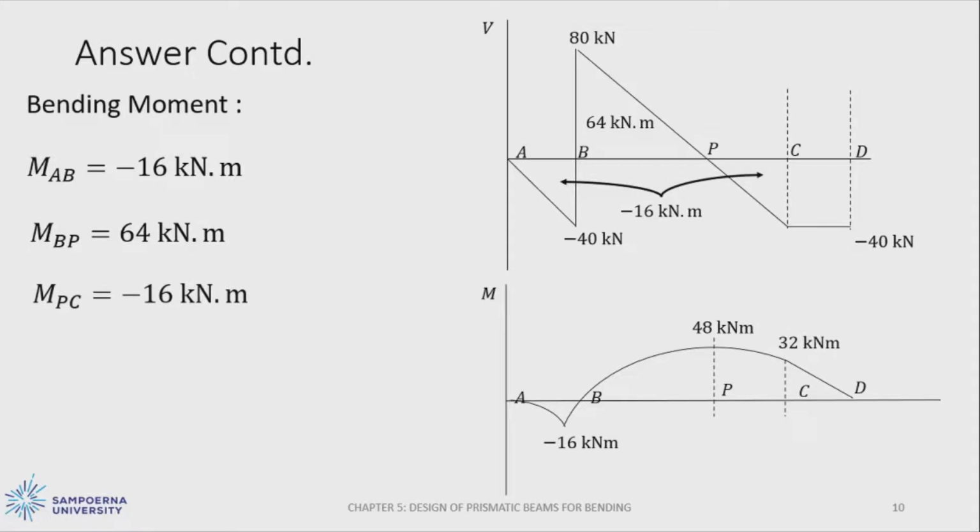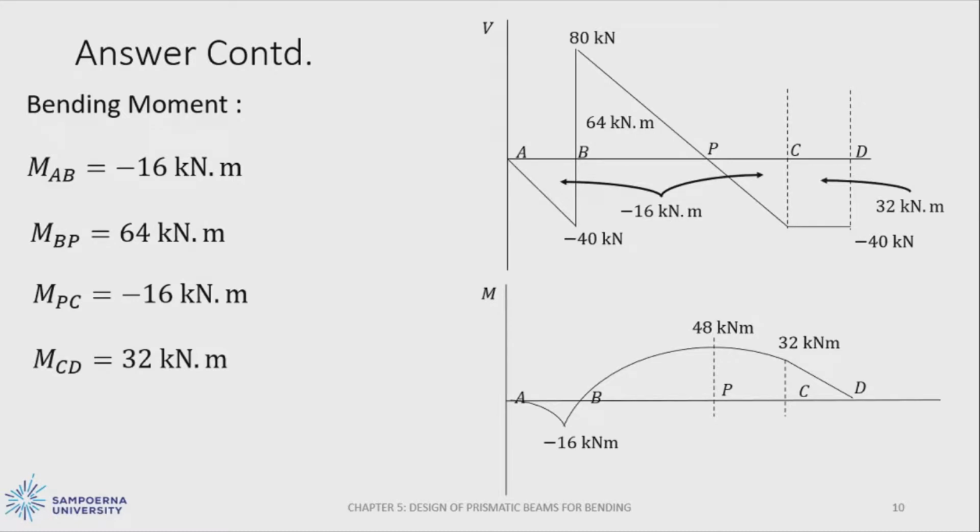Then we go to the next partition. From P to C, we have minus 16 kilonewton meter as well. So by adding up from the previous result, it will give us 32 kilonewton meter. Then from C to D is equal to 32 kilonewton meter.